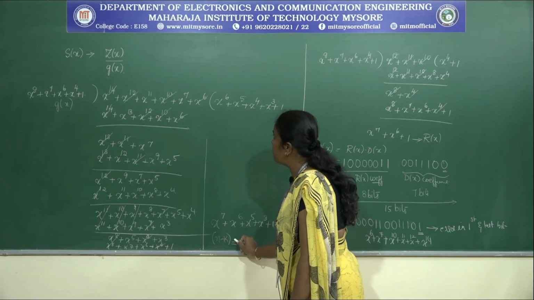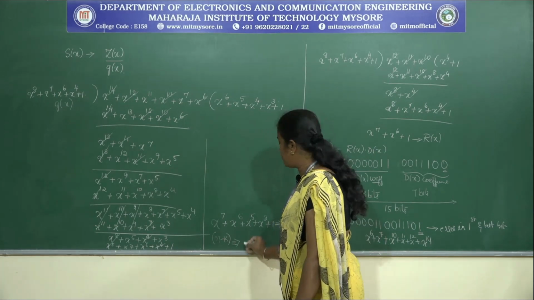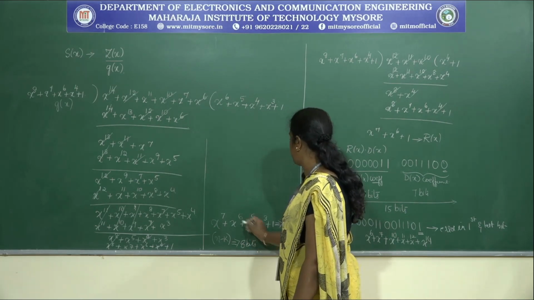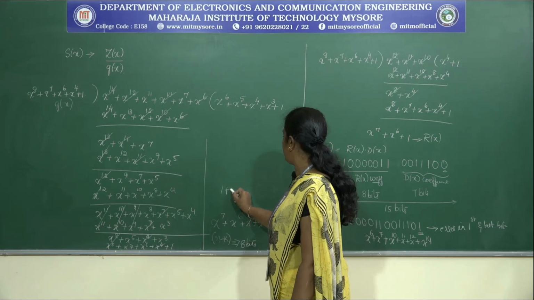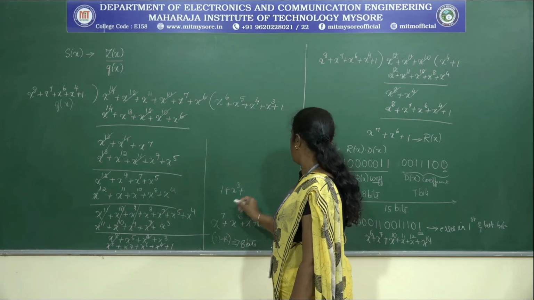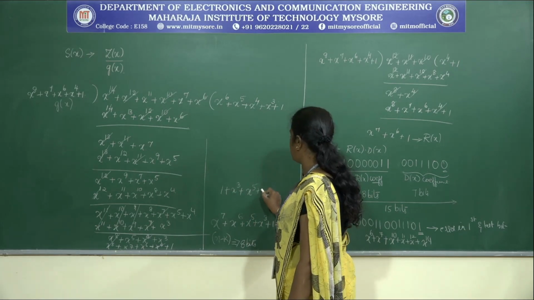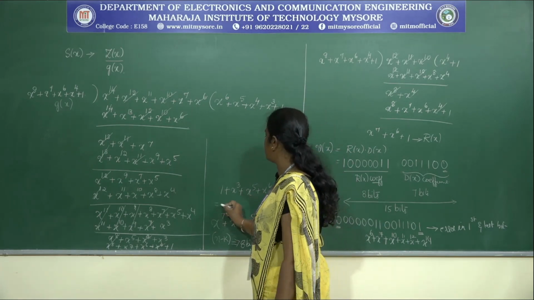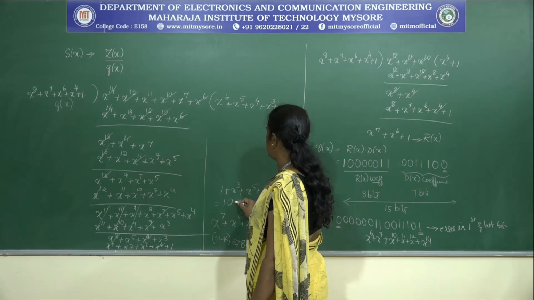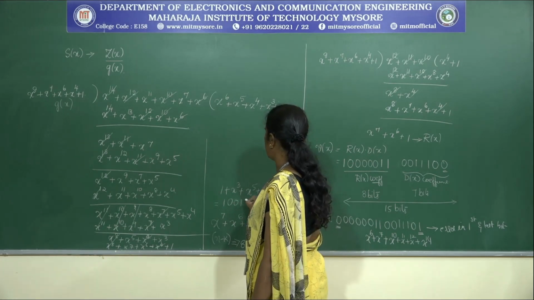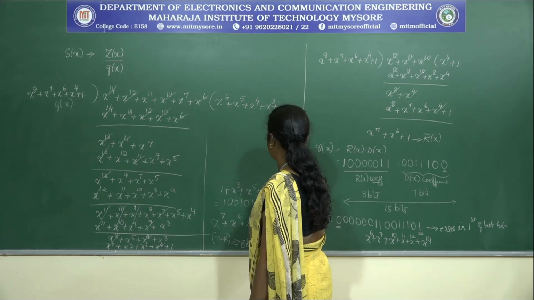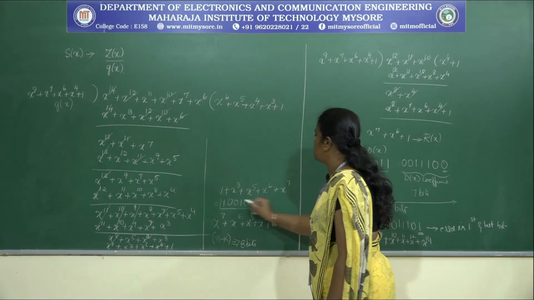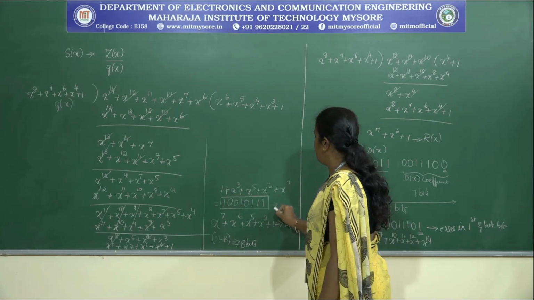That means 15 minus 7, that means you should have 8 bits as your syndrome bits. So this is 1 plus x power 3 plus x power 5 plus x power 6 plus x power 7. So you can write it as 1, 0, x square, x3, x4, x5, x6 and x7. So this is your S of x, which is of 8 bits.